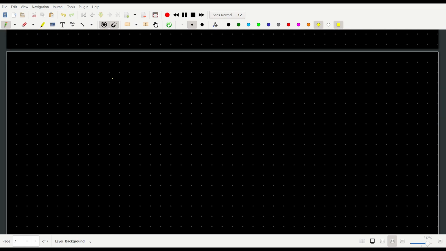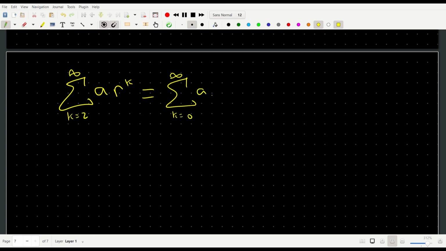So for instance, if you start at k equals 2, you want the infinite geometric series starting at k equals 2 of a times r to the k. Well, this is going to be the same thing as the sum starting at k equals 0 minus the first term, which is a, minus the second term, which is a times r to the 1.